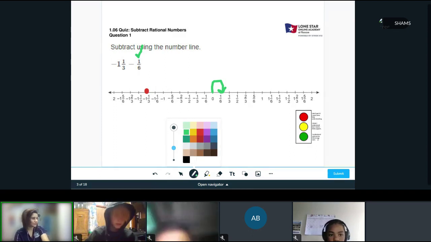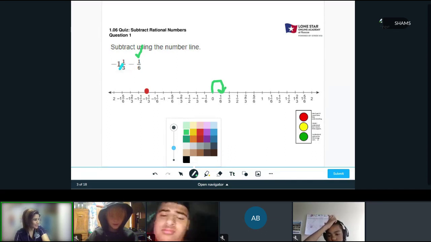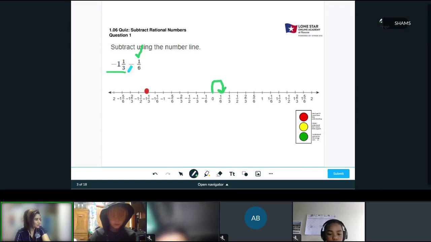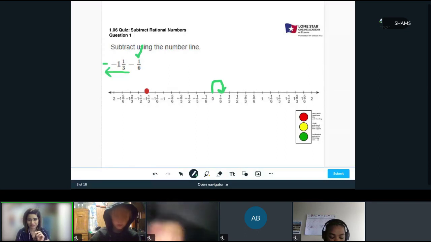Also, I saw in one of your Nearpod slides, you guys are telling me, Miss Syed, whenever we subtract, we should go to the left side because subtraction makes the number smaller. So in this question, when we subtract, remember the jump is going to take you more to the left side. You just want to subtract 1/6. So how many hops should you make?